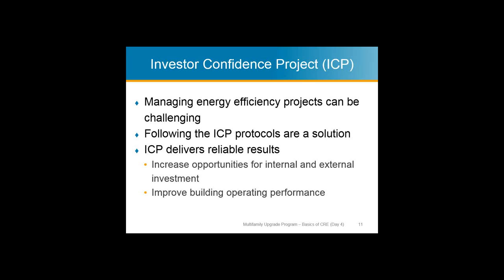The ICP results in the bottom two bullet points, they're driving to increase opportunities for both internal and external investment. So this can come in the form of, like the example we just talked about, an asset manager evaluating a building for an internal rehab project where they're putting up part of the money and the bank is putting up part of the money, and it just rolls into the overall sort of underlying project cost.